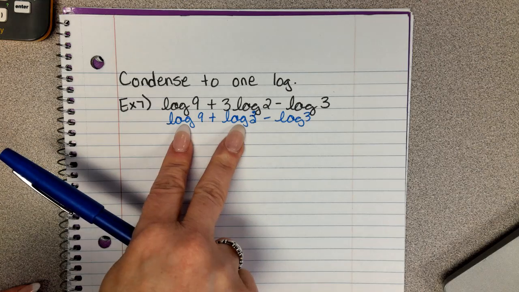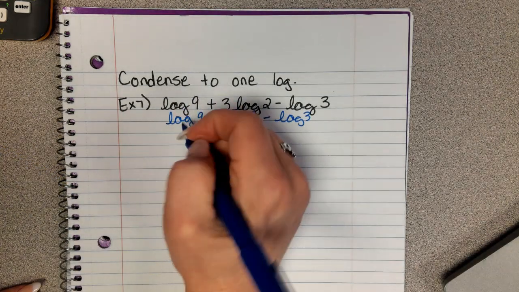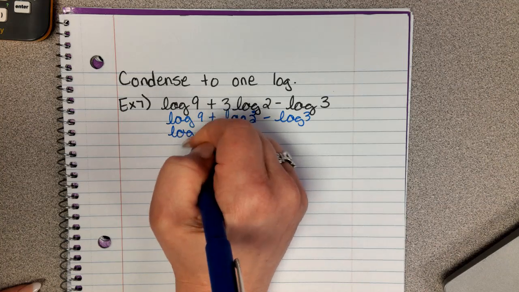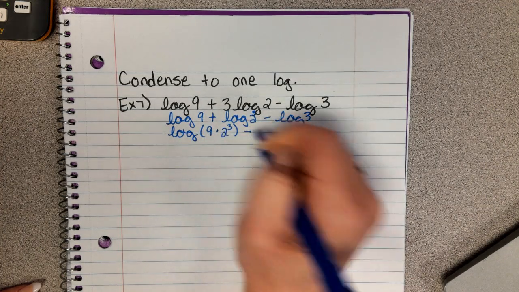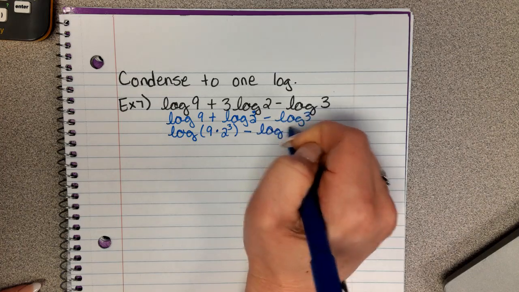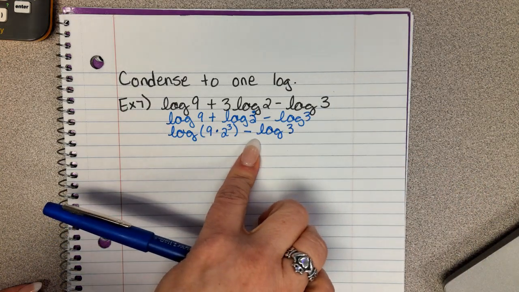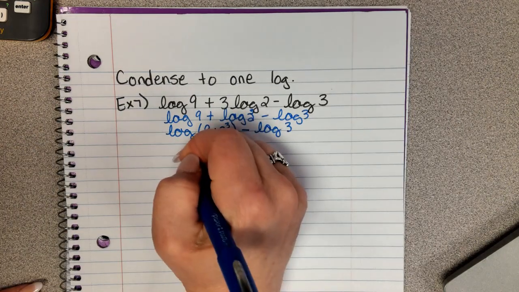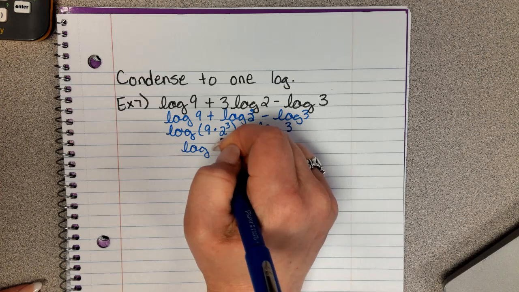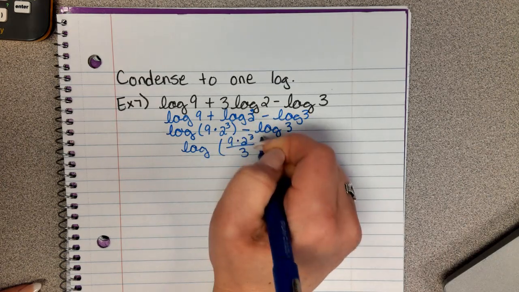Now I have addition here. Addition is the same thing as multiplication. So that would be the same thing as log of 9 times 2 to the third minus log of 3. And that is subtraction. Subtraction can be condensed to division. So that's the same thing as log of 9 times 2 to the third over 3.